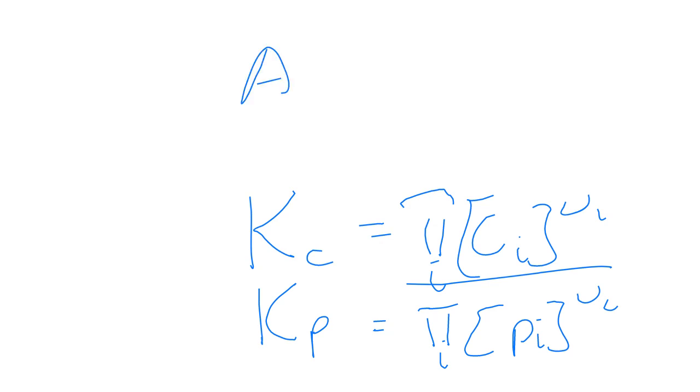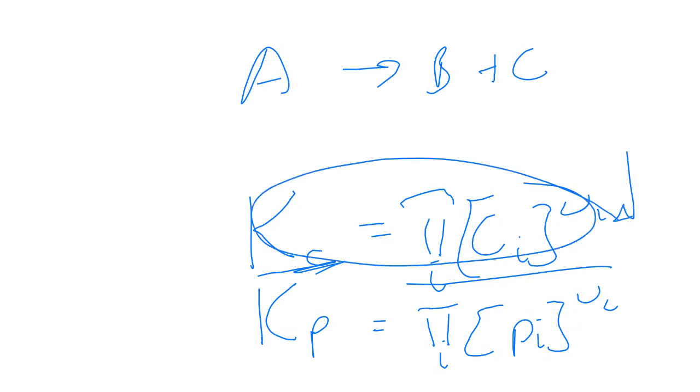If you've got a reaction like A goes to B plus C, this will not be dimensionless. So Kc will have a concentration kind of unit, and Kp a pressure kind of unit. That is required, and I don't know whether you saw Anna's question in Ask Gillespie, if my units for the rate R must make sense.